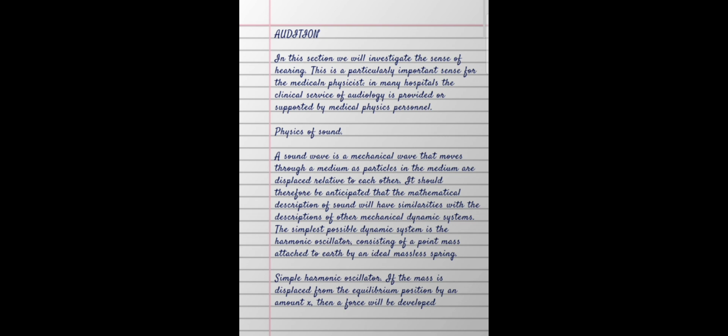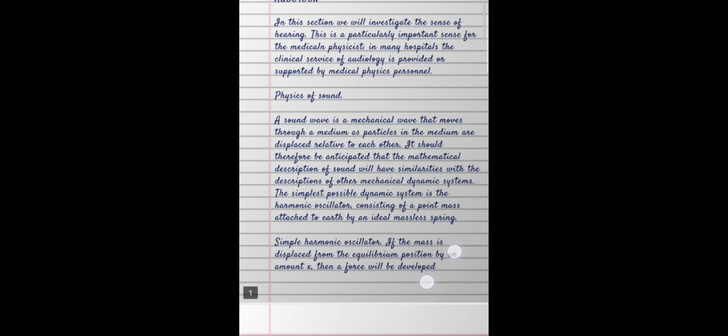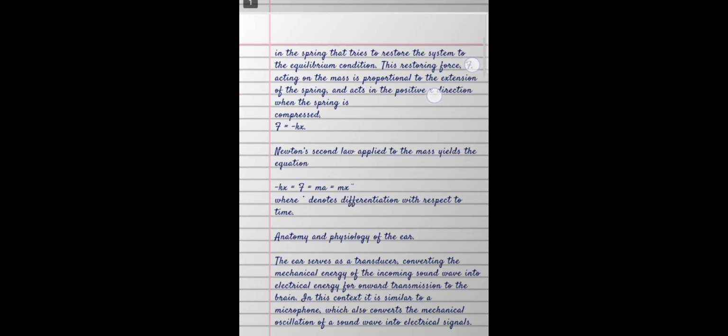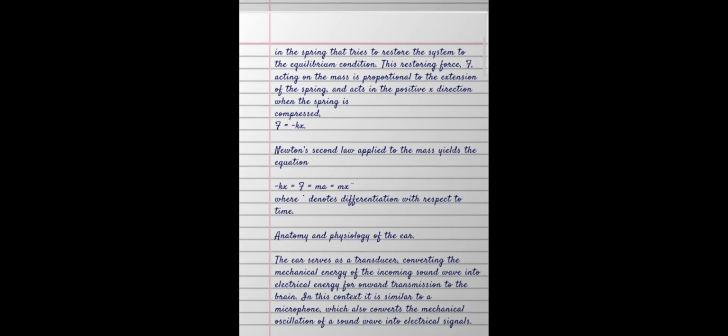If the mass is displaced from the equilibrium position by an amount x, then a force will be developed in the spring that tries to restore the system to the equilibrium condition. This restoring force, let's say F, acting on the mass is proportional to the extension of the spring and acts in the positive x direction when the spring is compressed.